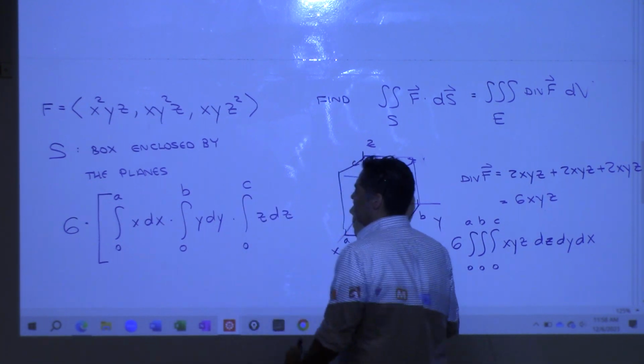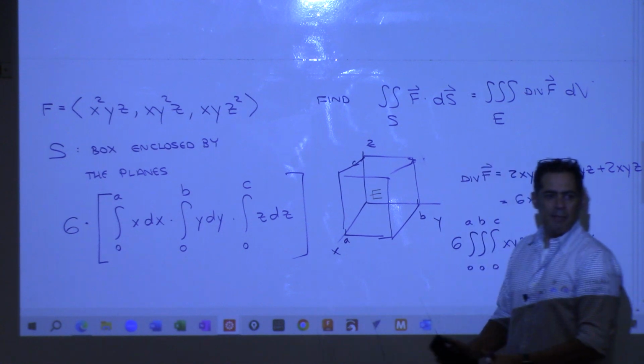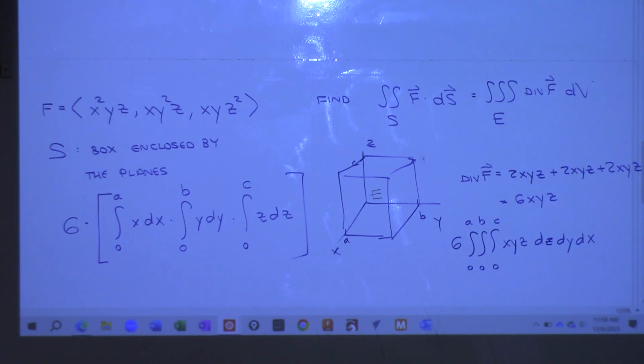What do y'all think? Yeah, because the x, y, and z are all separated by multiplication, and the limits of integration are constants. So we're allowed to do that, right? And if I do one of these, they should all have the same format.